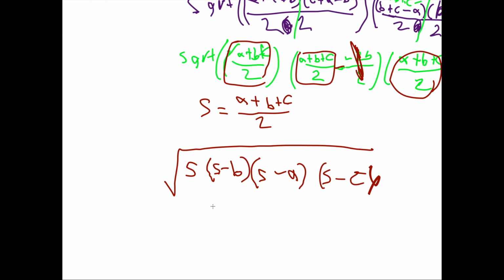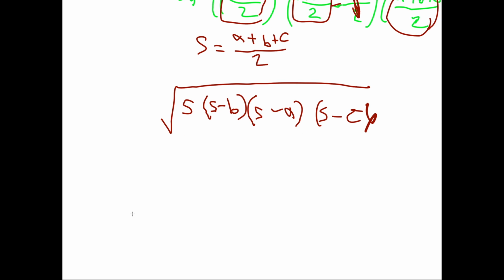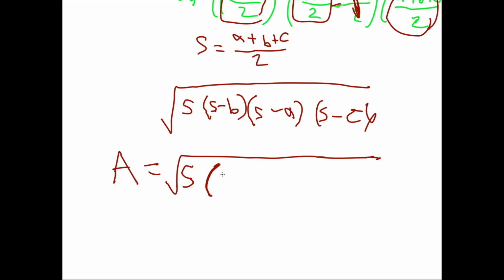Okay, so now if we rearrange this, because we can, because it's multiplication, we get, and drum roll please, area equals square root of s, not a, sorry, keep drum rolling, s times s minus a times s minus b times s minus c.